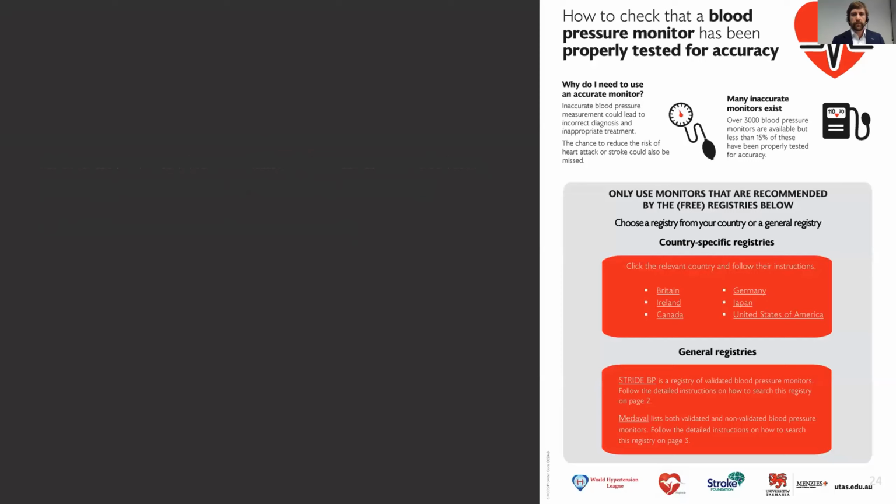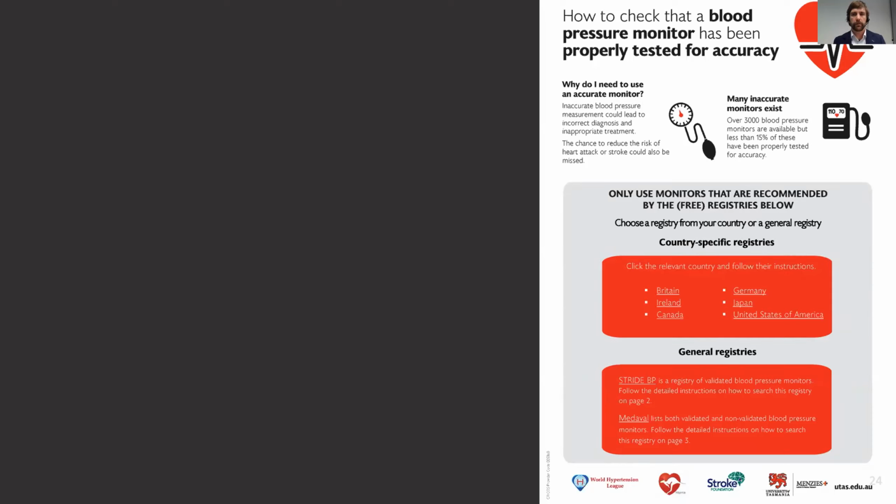And so we've developed this 3-page resource. It's been translated to a number of different languages. So this is the English page. Now, whilst it looks a bit dense, this is because we're trying to cover the entire worldwide situation. So there are currently a number of different validated device listings. These are online free registries which list blood pressure devices that have been validated for accuracy.